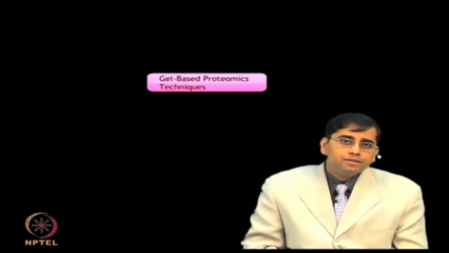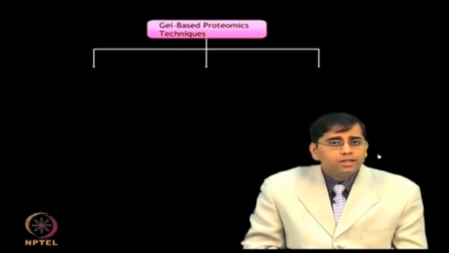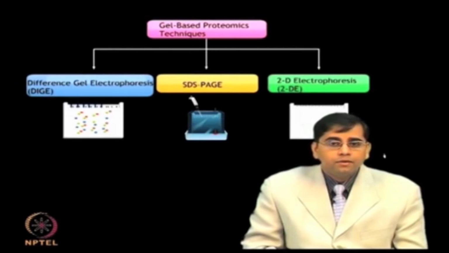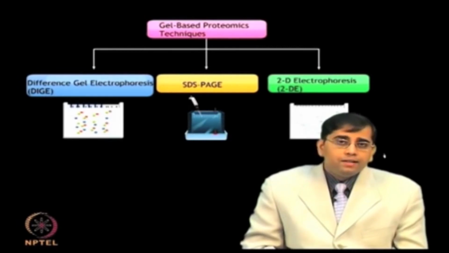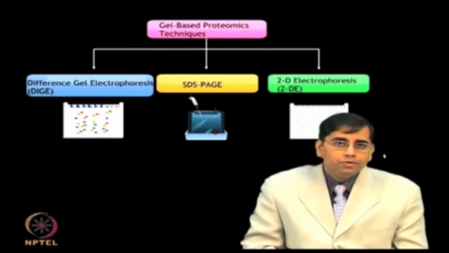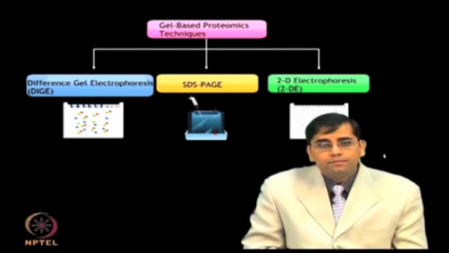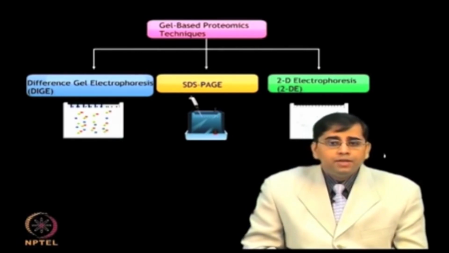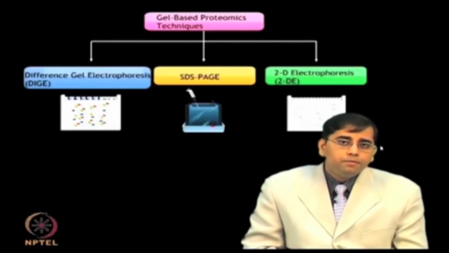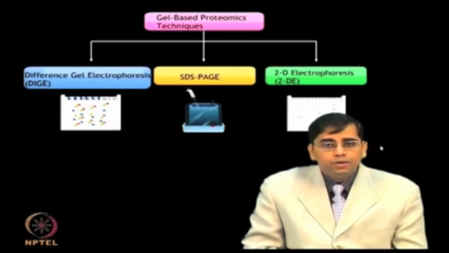Separation in SDS-PAGE occurs almost exclusively on the basis of molecular weight, whereas in 2DE the first dimension separation is based on isoelectric point and the second dimension separation is based on molecular weight. Some of the limitations of two-dimensional electrophoresis can be overcome by the difference gel electrophoresis or DIGE technique.